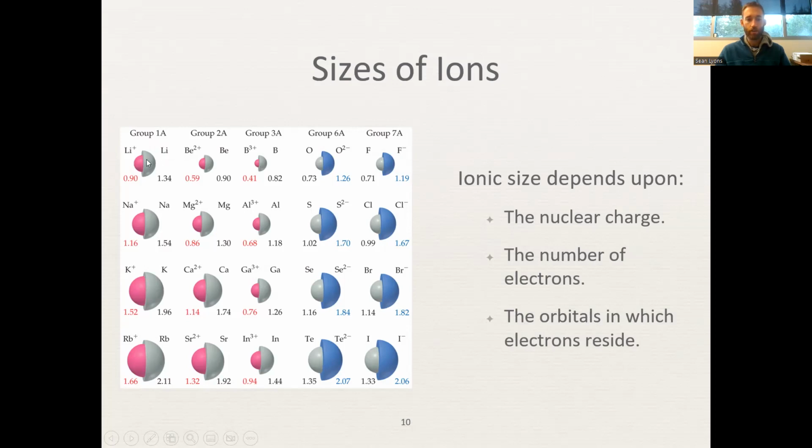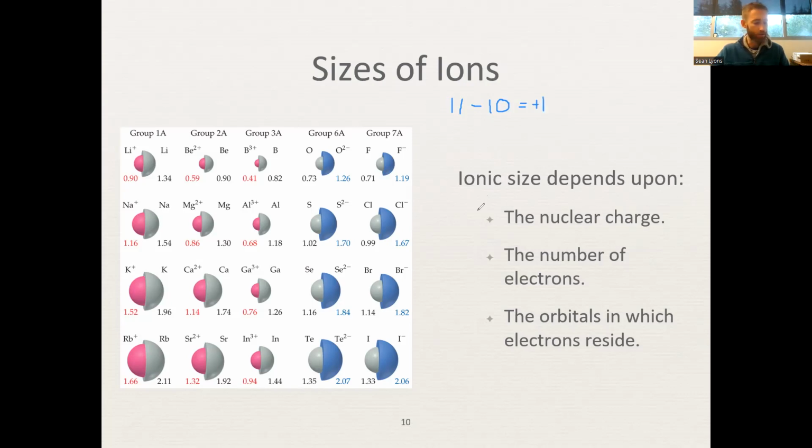So if we think about lithium or sodium, potassium, rubidium, we can see the atom, when it becomes an ion, is going to shrink. And the reason for that is, so for sodium, we saw 11 minus 10 gives us +1.